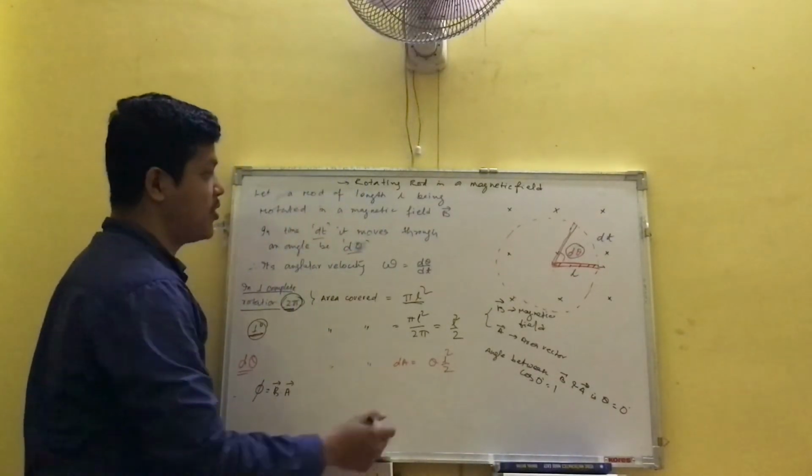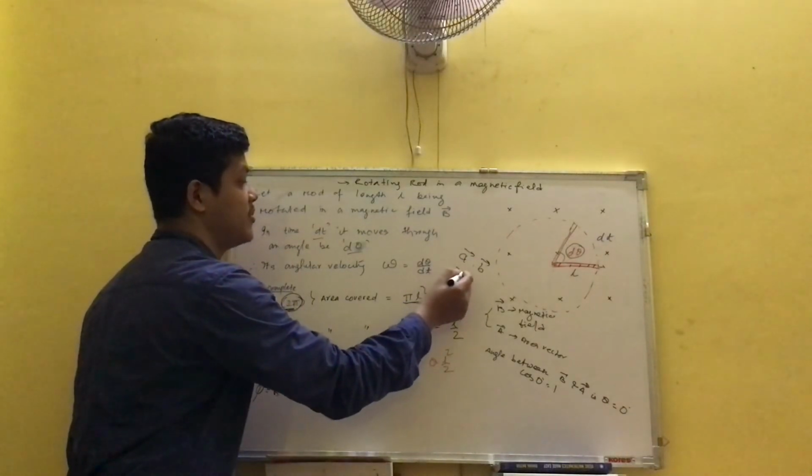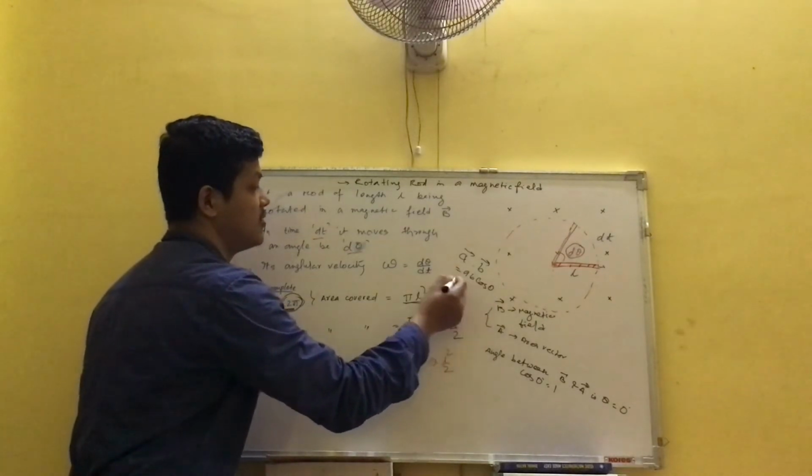The dot product of two vectors, suppose we have two vectors A vector and B vector, is given by magnitude of A and magnitude of B cos theta, right?